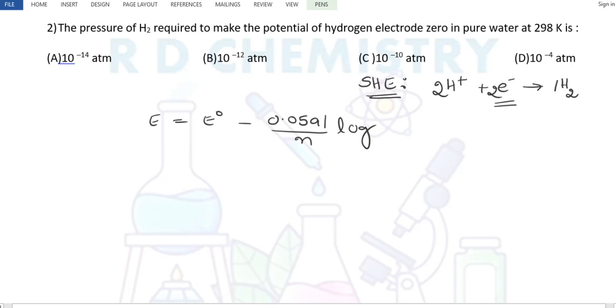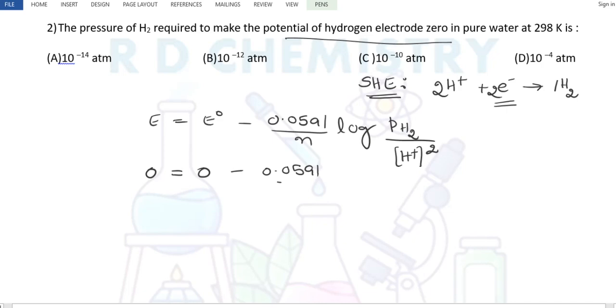Product is hydrogen gas, so pressure of the hydrogen gas divided by the reactant concentration, that is the H plus concentration, which we need to square. Also they have given the potential of hydrogen as 0. So 0 is equal to E naught of SHE, which is also equal to 0, standard value, minus 0.0591 divided by N log of pressure of the hydrogen divided by H plus concentration square.